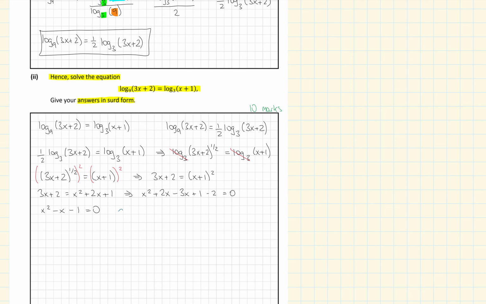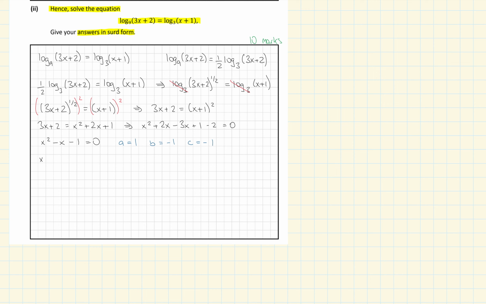I'm going to use my minus b formula, so a equals 1, b equals minus 1, and c equals minus 1. So we get x is equal to minus b plus or minus the square root of b squared minus 4ac all over 2 times a.